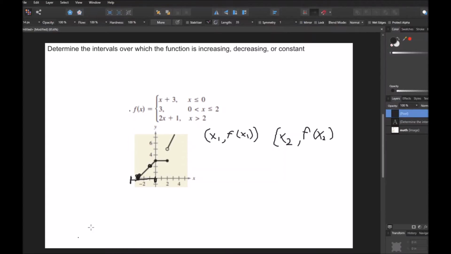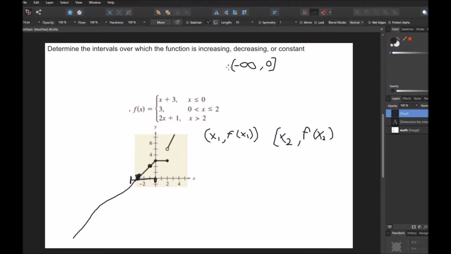So, because basically it looks like this, we know that for any x1, f of x1 and x2, f of x2 pairs that we pick, f of x2 will always be greater than f of x1. So we can say that it's increasing on this interval. So in our pre-calc interval notation, we're going to write negative infinity to 0, and we're going to close the brackets.